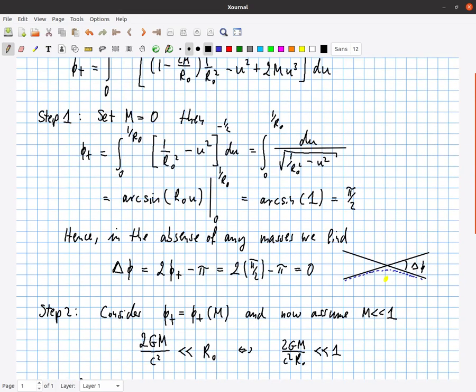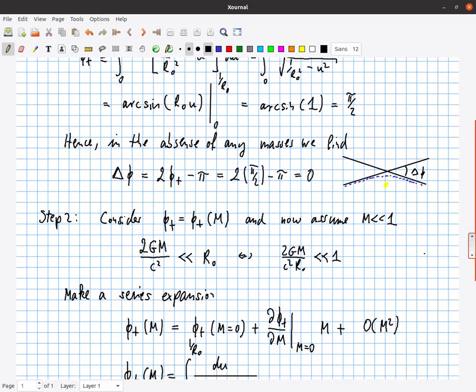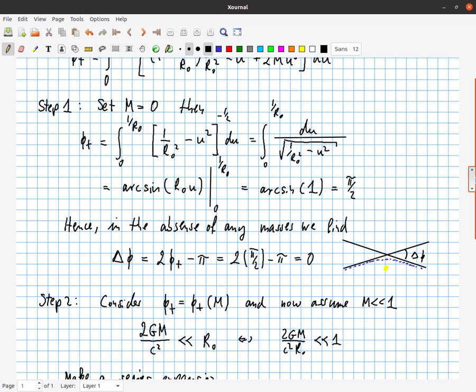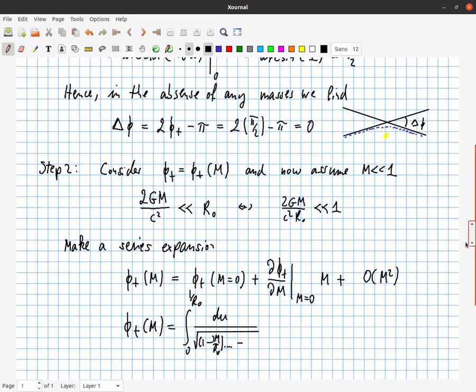It starts with this constant factor here minus the u squared term. I just start writing this out. 1 minus 2m over r naught dot dot dot, and the last term here is plus 2m.